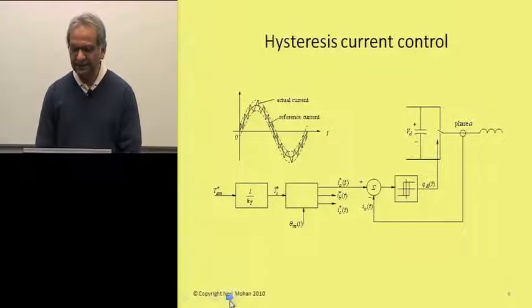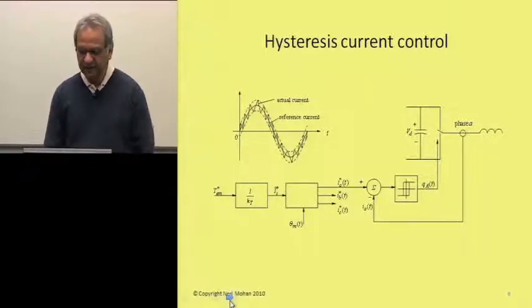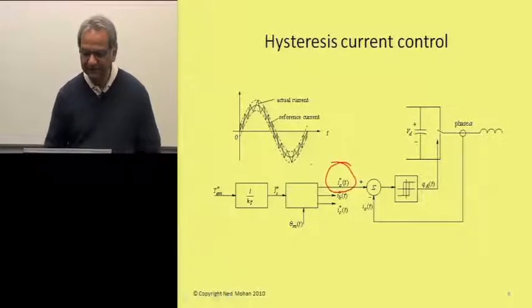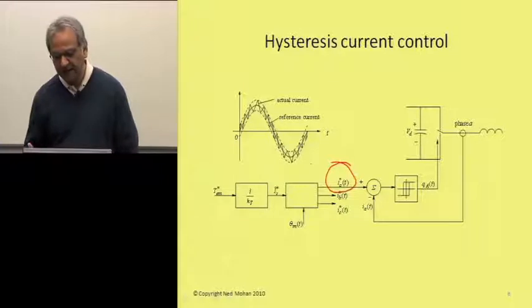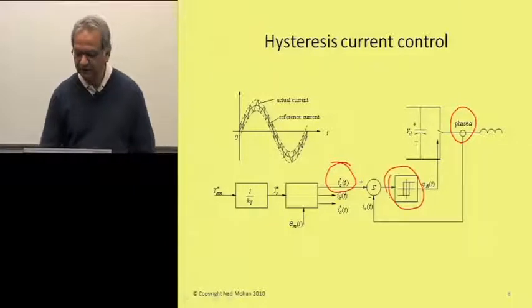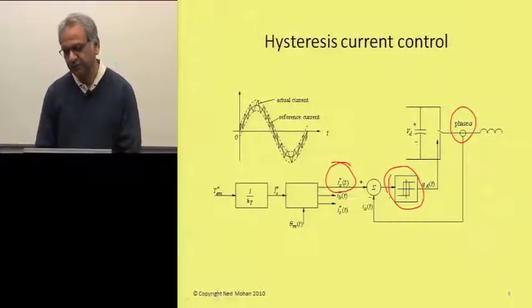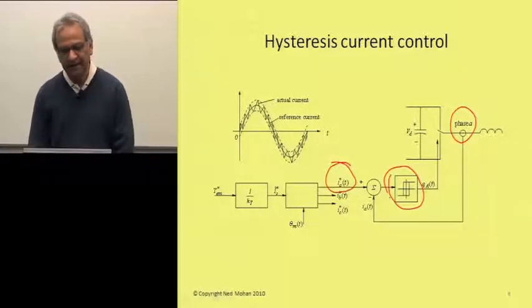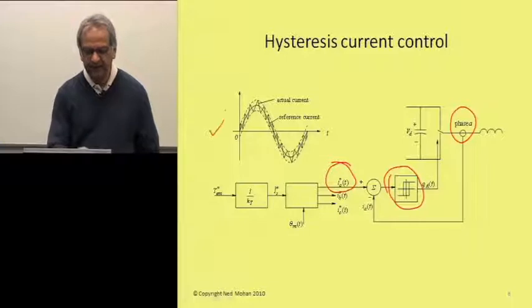Let's take the case of phase A. This controller is telling us the reference current that needs to flow in phase A, and we can actually measure this current. The difference of these two goes into this hysteresis block, this comparator, to tell us what the switch position should be, and that is represented by these waveforms here.